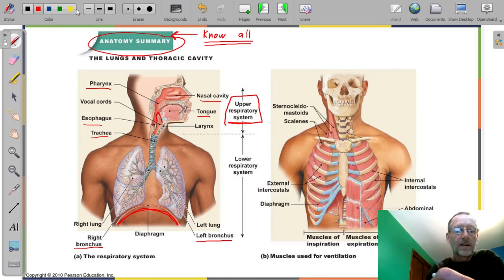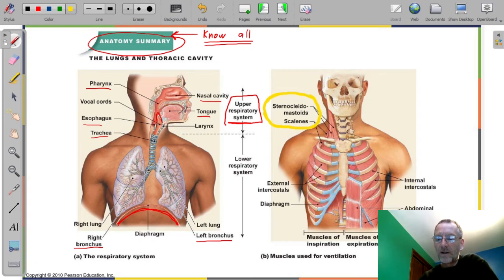So these should be familiar to you from A and P1, but we have the sternocleidomastoids, right and left, and we also have the scalene muscles. You remember that the scalene muscles originate on the cervical vertebrae and they insert on the upper ribs.